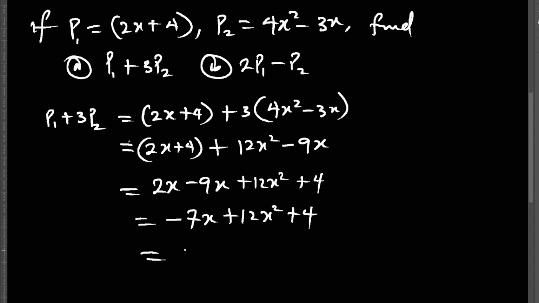So you can rewrite this to be 12x squared minus 7x plus 4. And that will be your result for P1 plus 3P2. So P1 plus 3P2 is equal to 12x squared minus 7x plus 4. So we can go to the second question now.